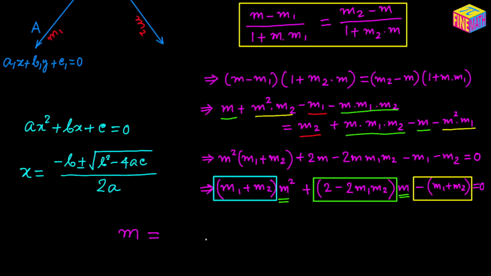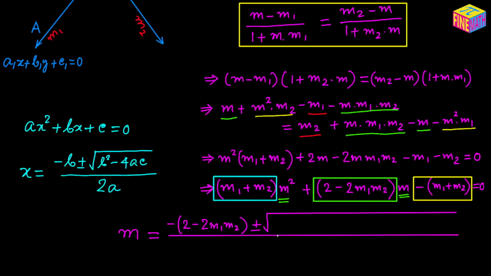So for our equation, we can write the value of m like this. It would be negative b. In our case, what is b? Well, b is actually 2 minus 2 times m sub 1 times m sub 2. So if we say negative b, that would be negative 2 minus 2 times m sub 1 times m sub 2. That is our b. And then plus or minus square root of b squared.